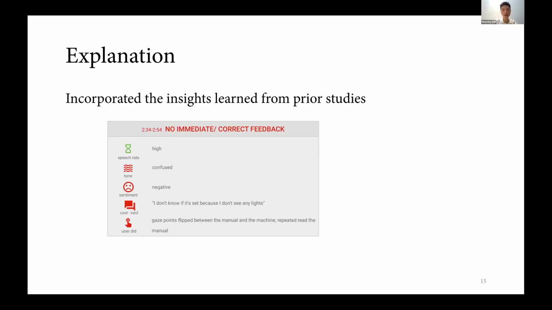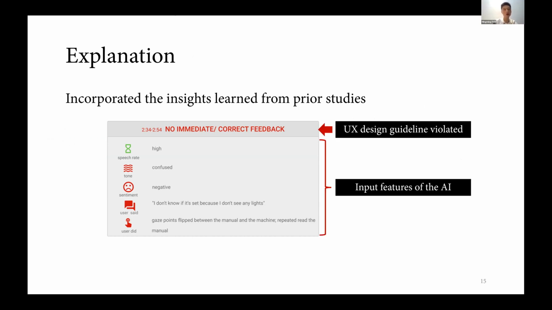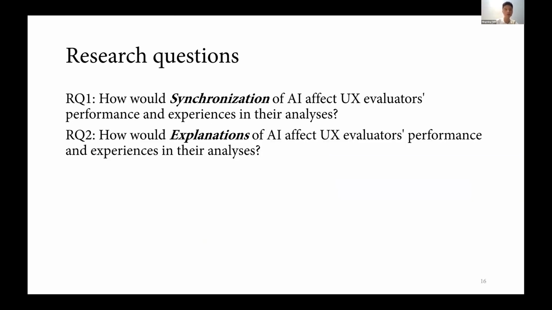We also revised the explanations to provide more information that the evaluators wanted from prior studies. For example, we included the UX design guideline that is violated, and we reorganized the input features as a set of icons and a scannable text to facilitate the consumption of such information.